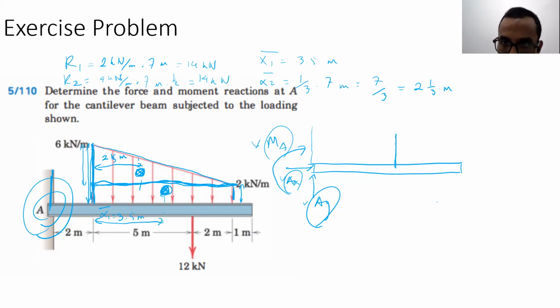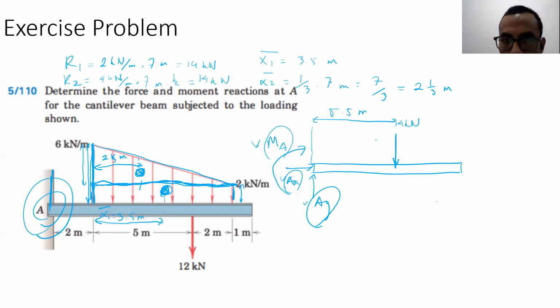This one is supposed to be R1, where R1 is 14 kilonewtons, so you're supposed to draw it as 14 kilonewton. And the R2, 2 plus 2 1/3 times.